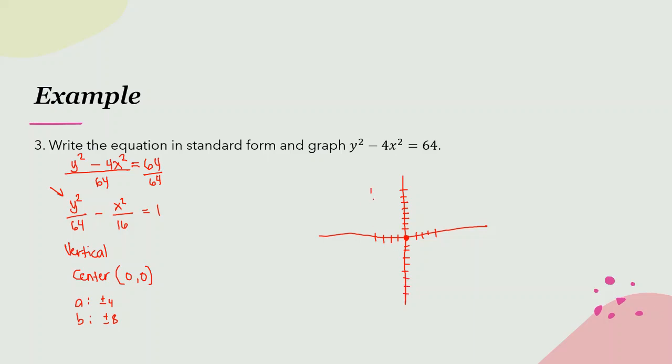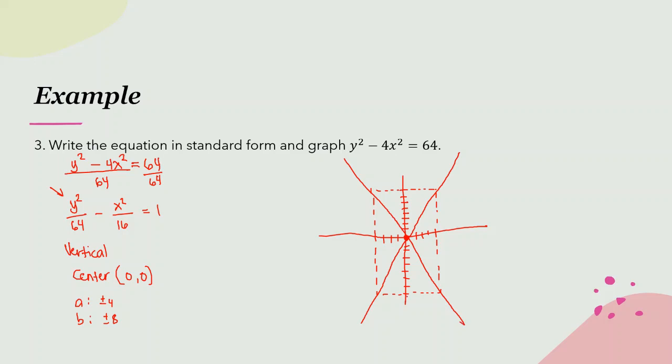So here, we have to draw a rectangle. And then after we draw the rectangle, we have to draw the asymptote. So asymptote here. We also have one in here.